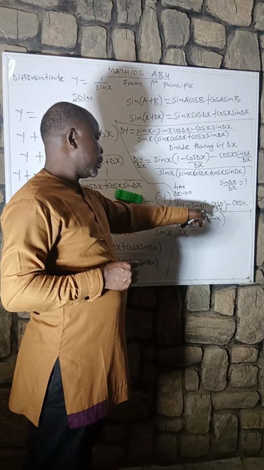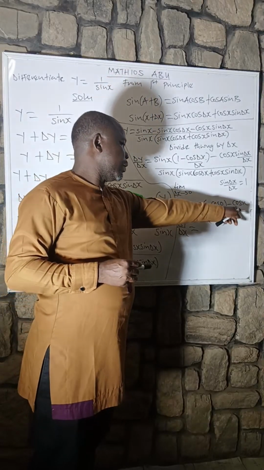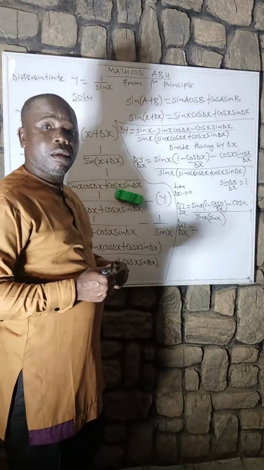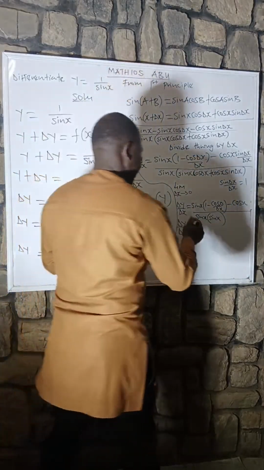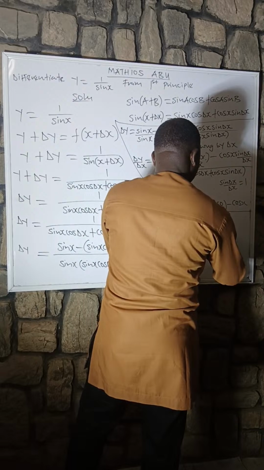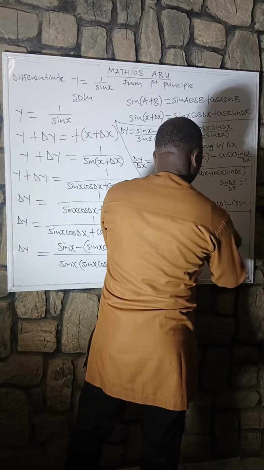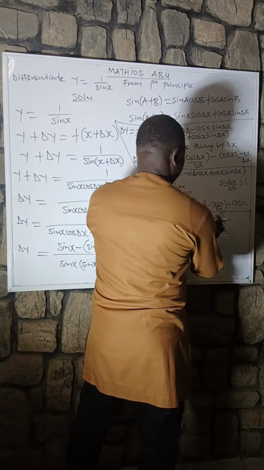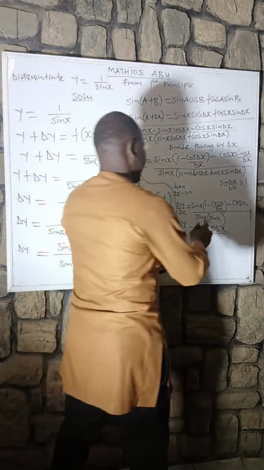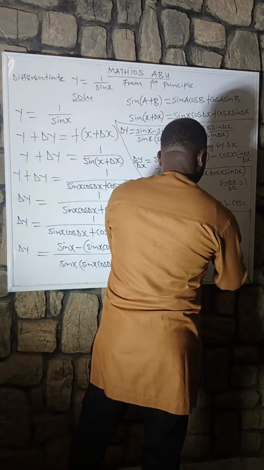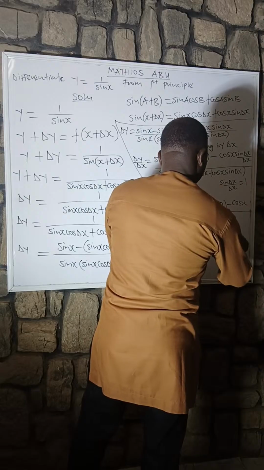So here we are going to have minus cos x all over sine x times sine x, which is sine square x.